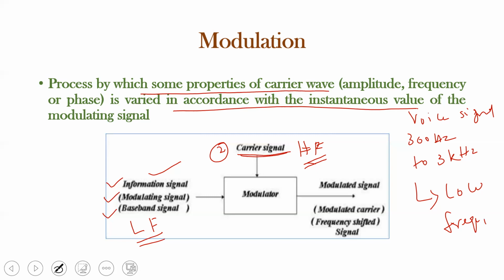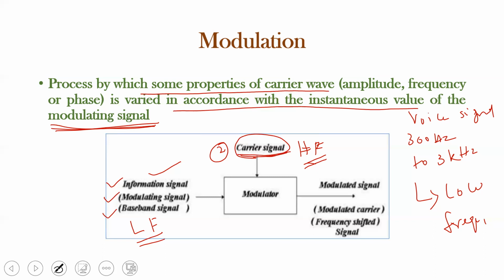Any of these three properties of the high frequency carrier will be changed according to the instantaneous value of the modulating signal. This modulating signal is going to have the information that we have to transmit over a long distance.